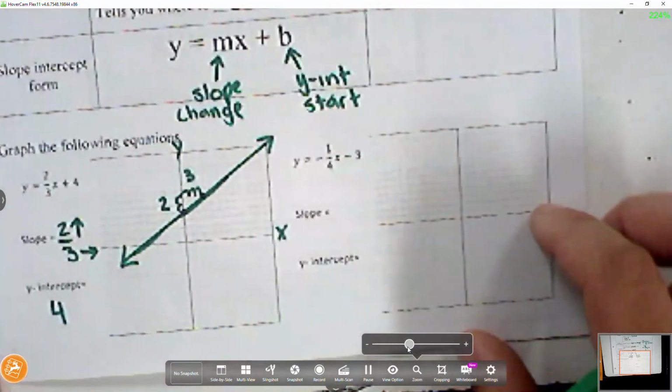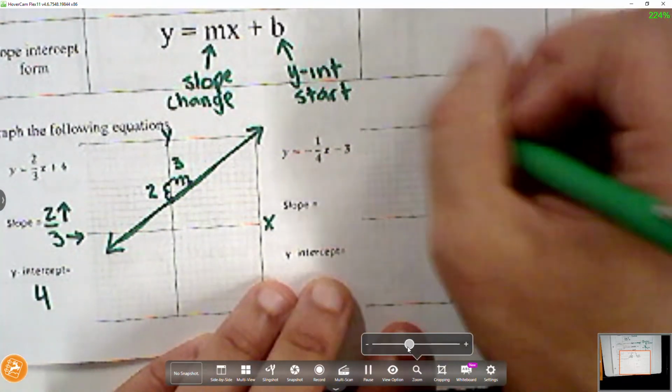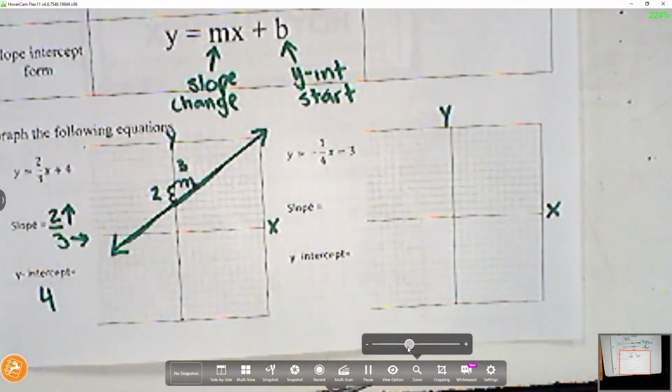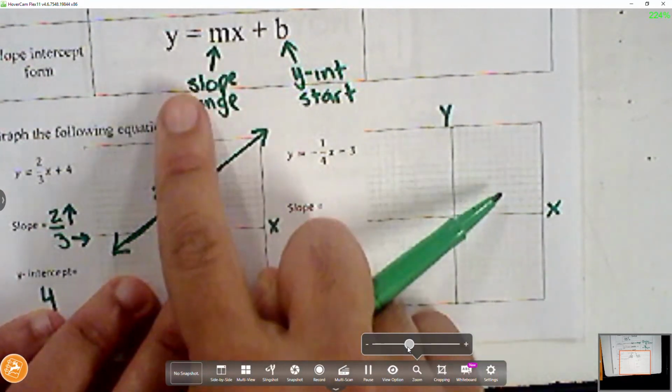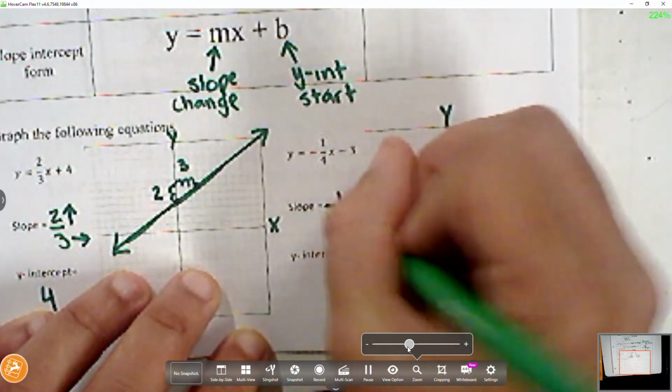On our second example, we're going to start by labeling our axes again. Y, x. And we're going to find our slope and our y-intercept. Our slope is with the x, so the number in front of x is negative 1 over 4.